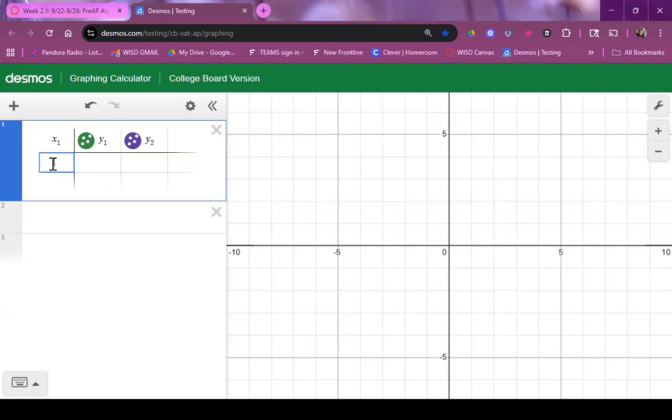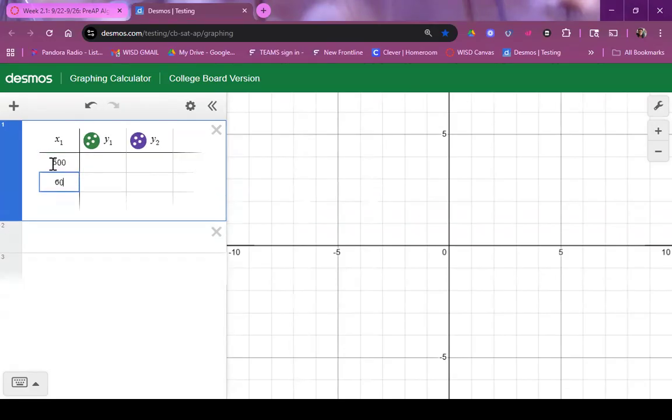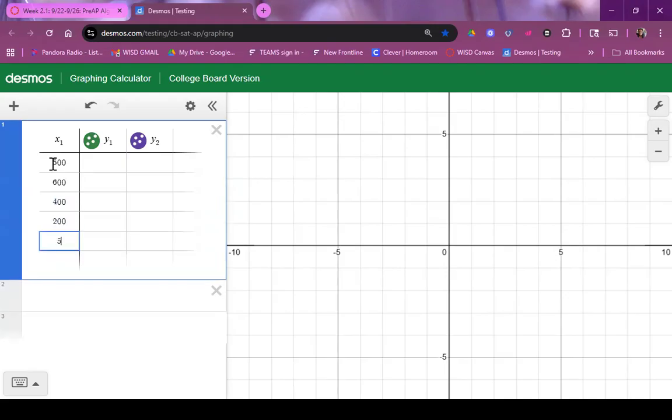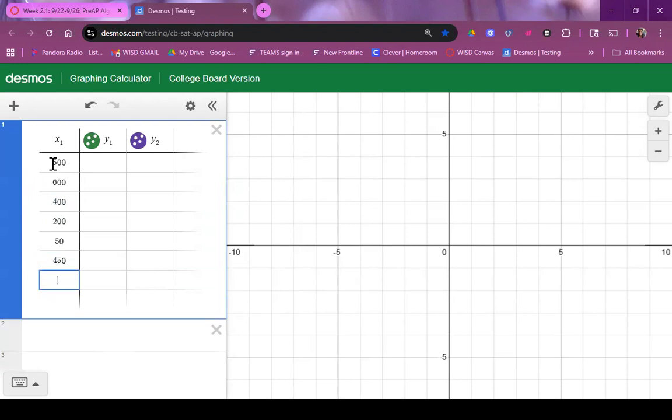So we had 500, 600, 400, 200, 50, and 450. Then we had 700, 600, 800, 1000, 1150, and then we had 750.